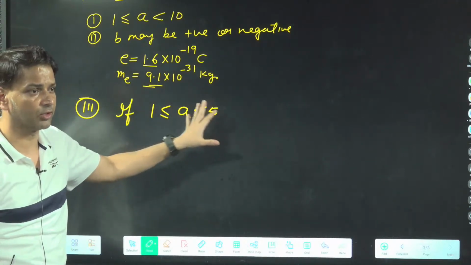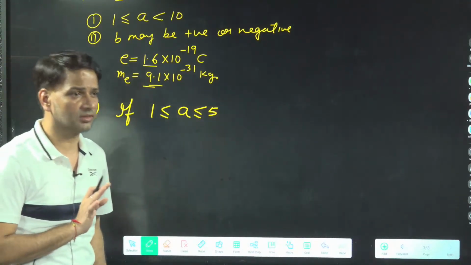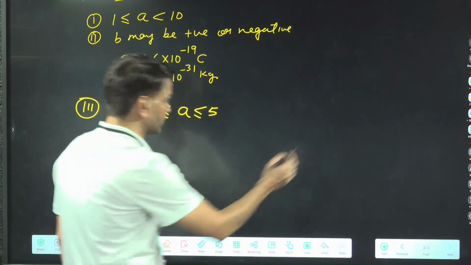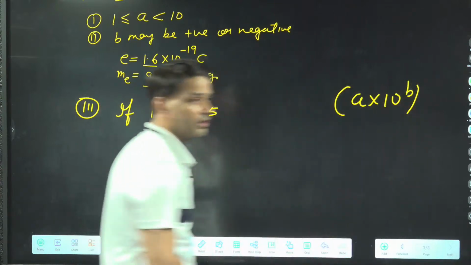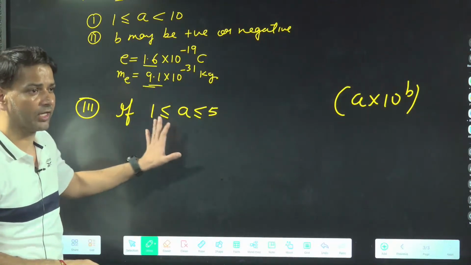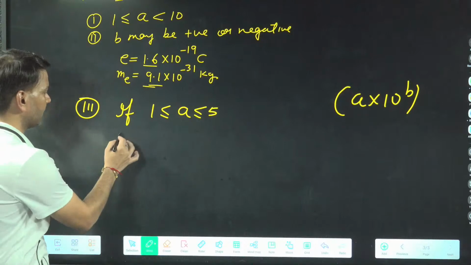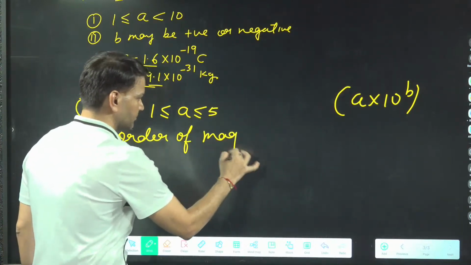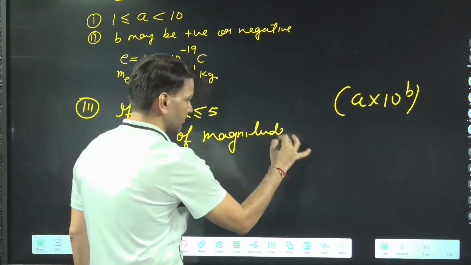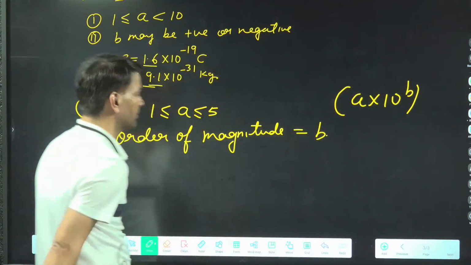One category is between 1 to 5. When A is between 1 to 5, and I am using the notation A into 10 to the power B, then the order of magnitude is equal to B.